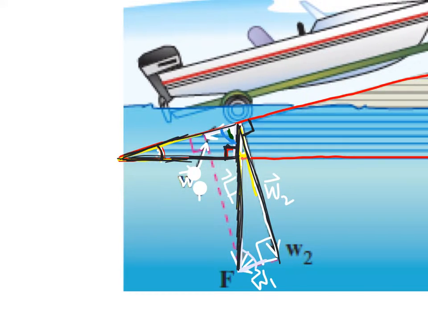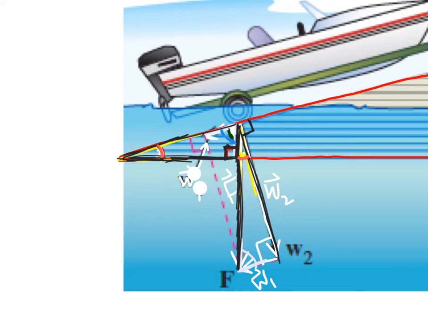So if these are both complementary to this one, then they must be equal to each other. Can't have two different numbers that add with something else to give you 90. So we get this angle here congruent to this angle right here. That's kind of the key to being able to do the trig then with your vectors.